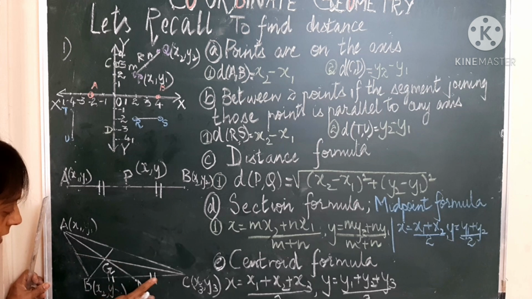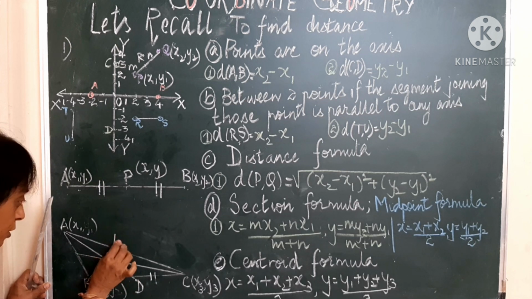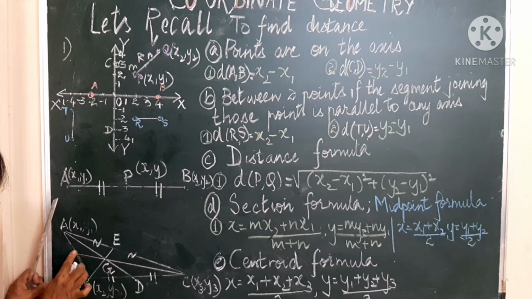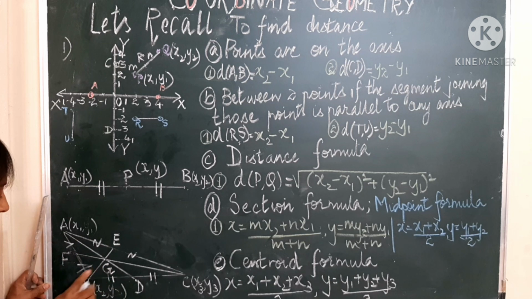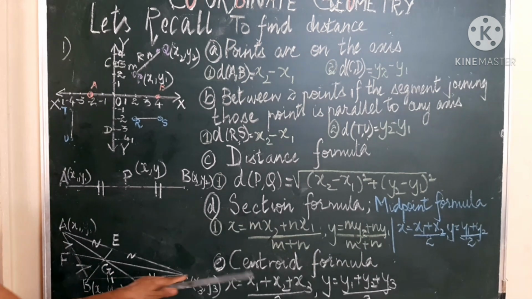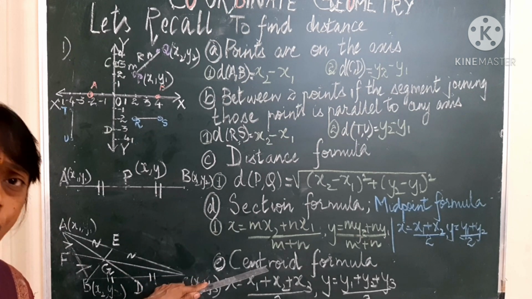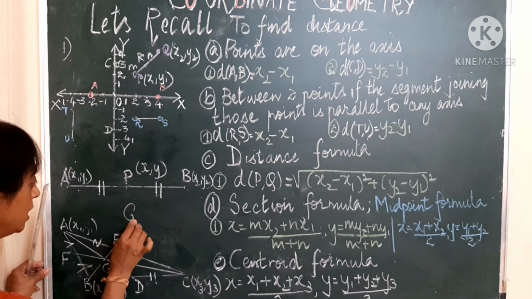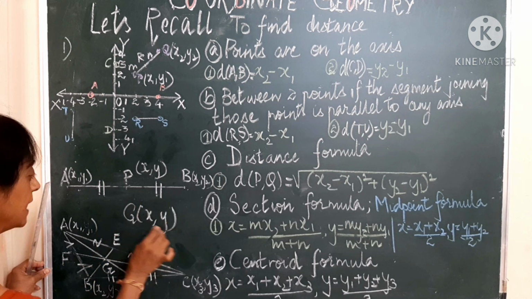So AD is a median, BE also you can say is a median, and CF also is a median, and where these 3 medians pass through, that point of intersection is called as the centroid. How do we calculate the coordinates of the centroid G? That is x and y.